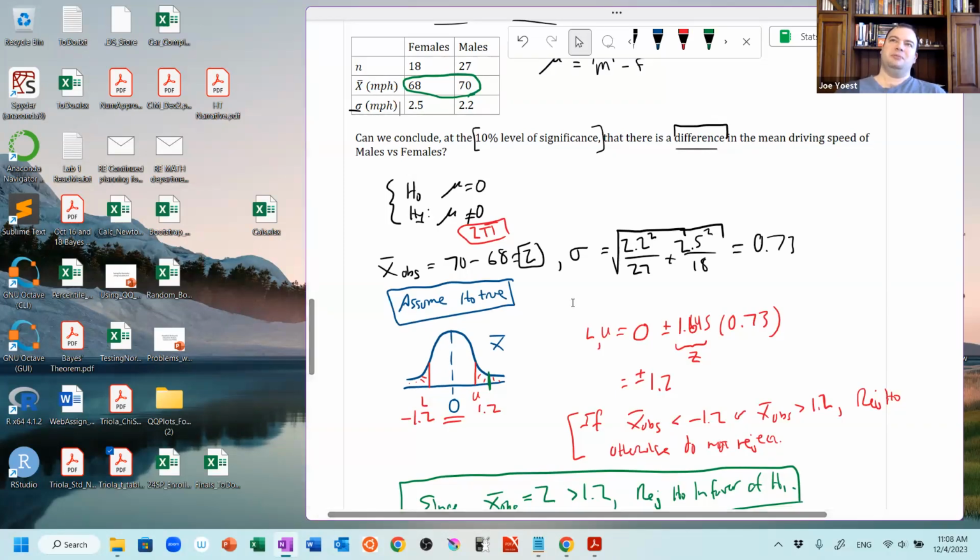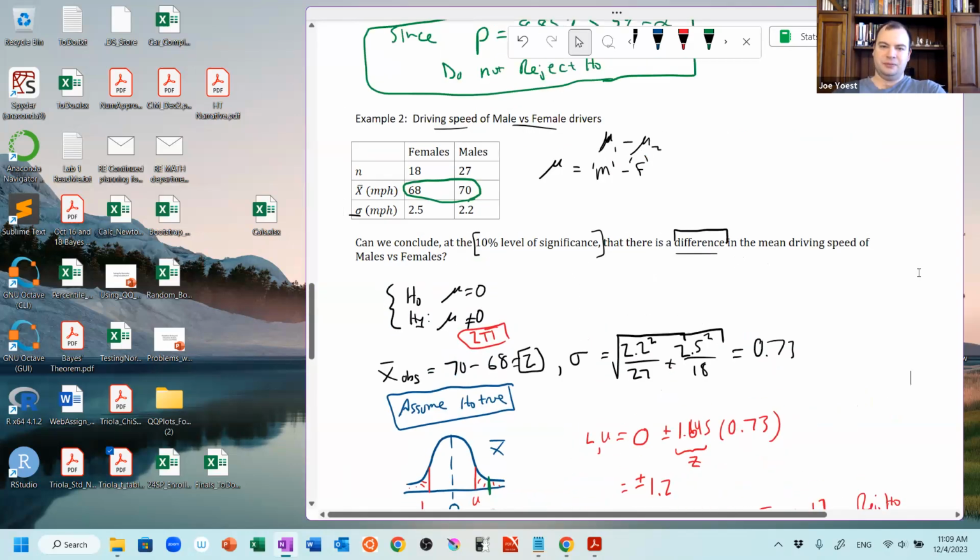Does driving like 2 miles an hour faster, is that an effect that we're likely to care about in what we're studying? Probably not. So you can have something that's statistically significant, but not practically relevant. So that's also an important note here.